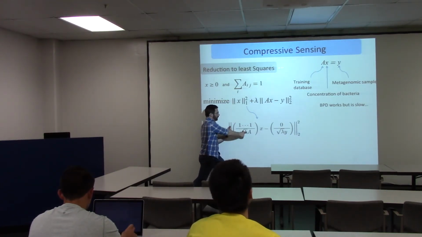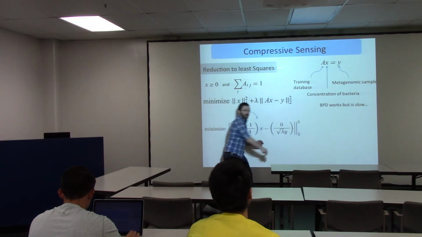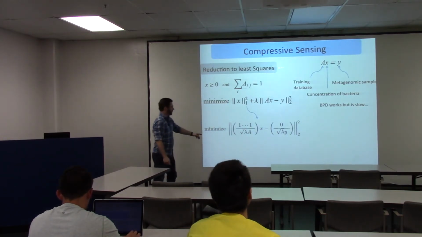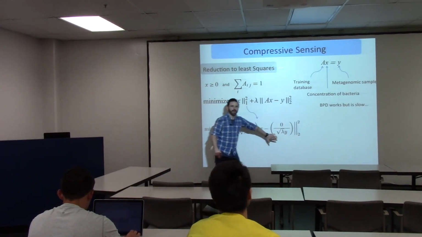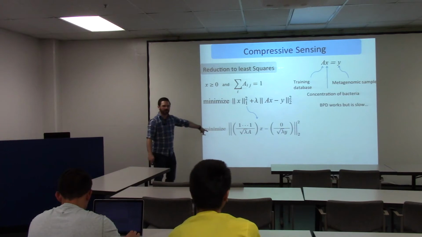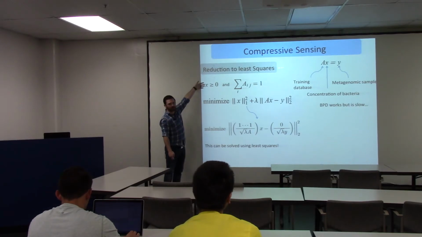And then we take square root of lambda times A and stick it right below it. This right here is a column vector. The very first entry is 0, and then we have Y underneath it like that. What does this look like? AX minus Y. This is least squares. What? You can take basis pursuit denoising, as long as you have these assumptions, and solve it using least squares.